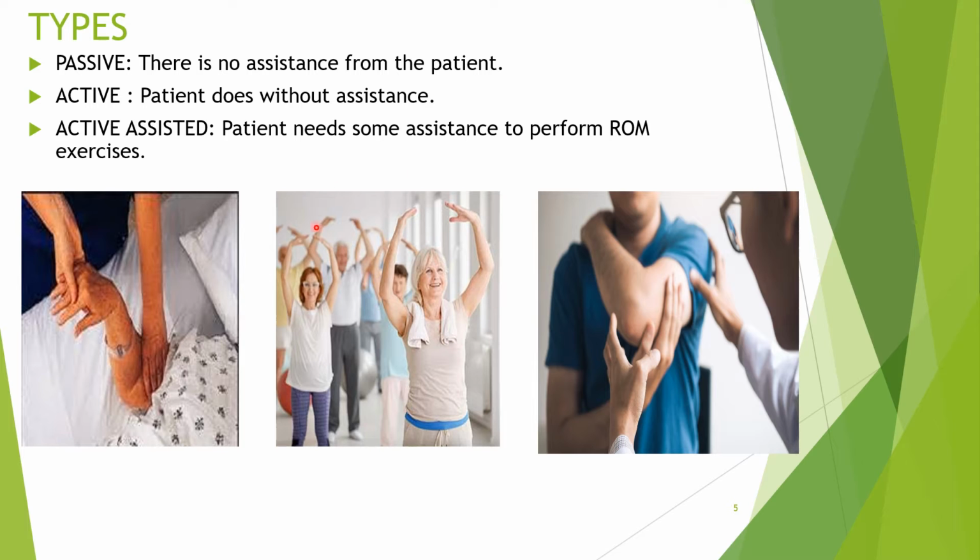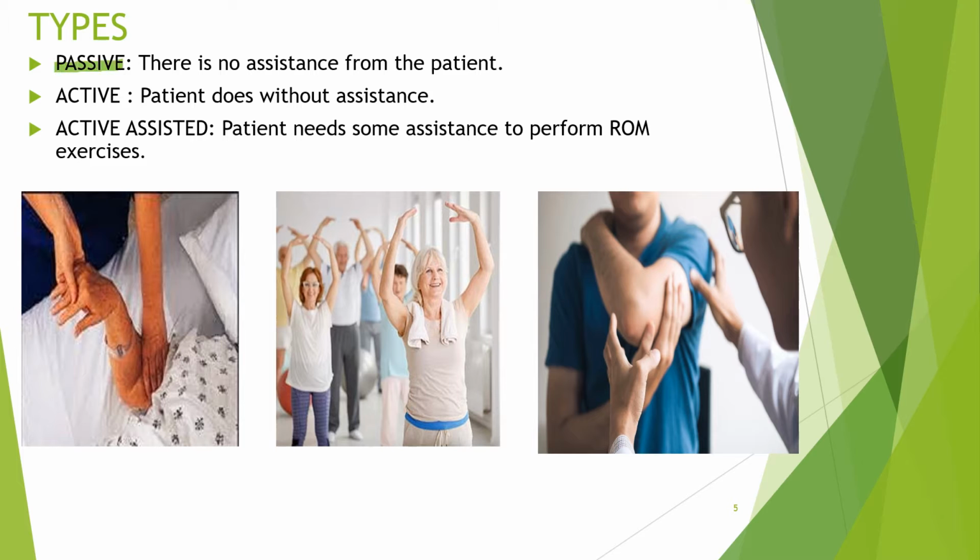And here you see the active exercise. Here the patient can do the exercise on their own. And last is active assistive. Here the patient also does the exercise but needs assistance from a healthcare professional, caregiver, or family member. I hope you understand these three different types of exercise.